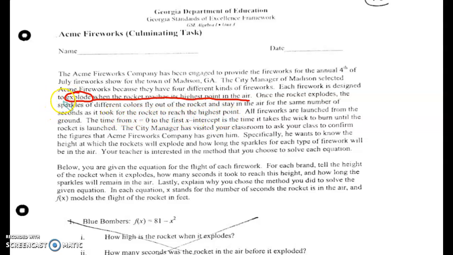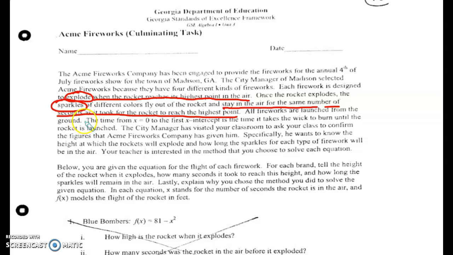So I'm going to circle sparkles and underline this part. All fireworks are launched from the ground. That is important to know.